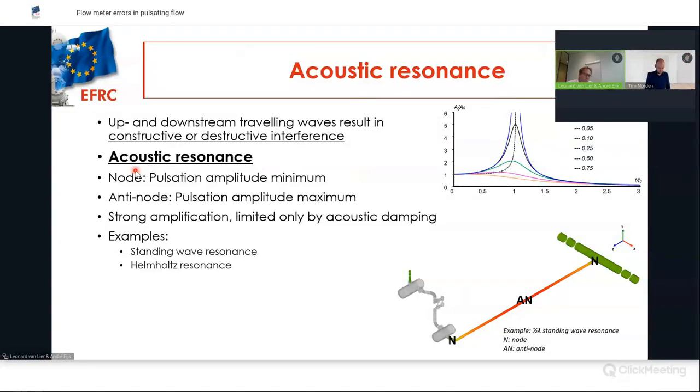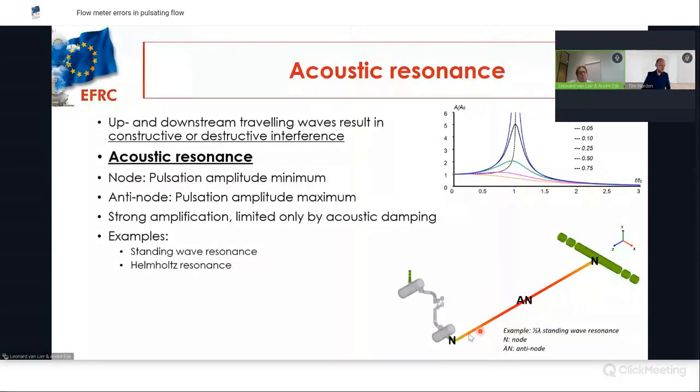In general, we call the positions where the pulsation amplitude is minimal a node, and locations in the system where the pulsation amplitude is maximum, we call an antinode. And here you see an example of a resonance, which happens between a discharge pulsation damper and a large header. At certain frequencies, exactly half a wavelength fits into this length, in this organ pipe, if you like.